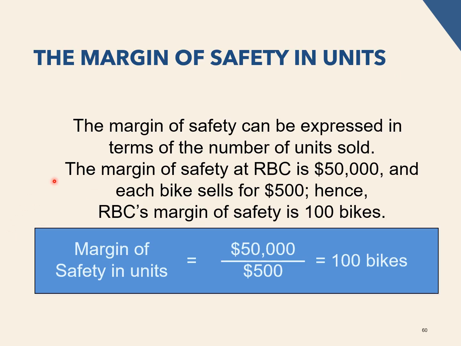For example, the margin of safety at Racing Bicycle Company is $50,000, and each bike sells for $500. Therefore, the margin of safety is 100 bikes. You take $50,000 divided by 500, and you will get 100 bikes. That is our margin of safety in units.